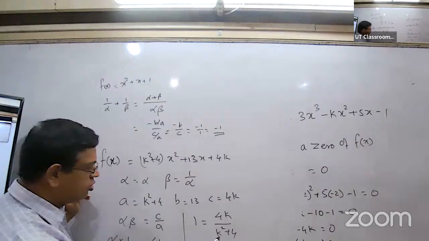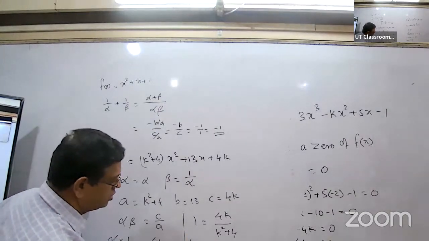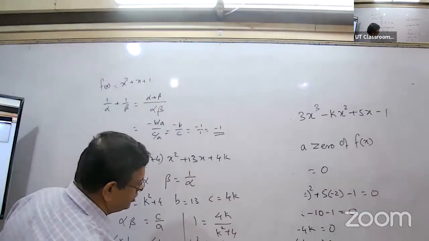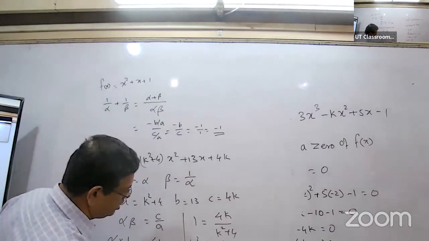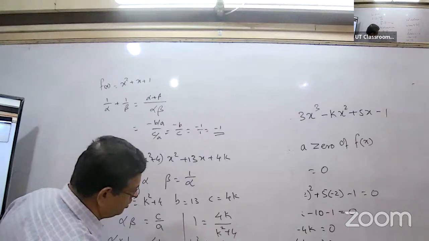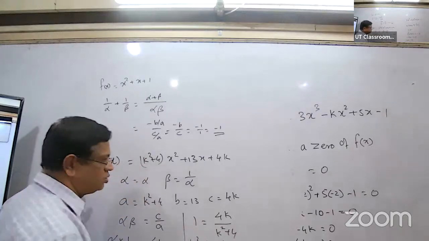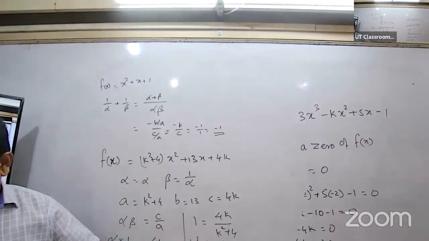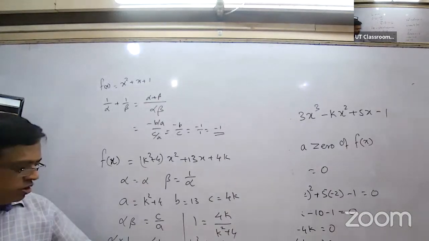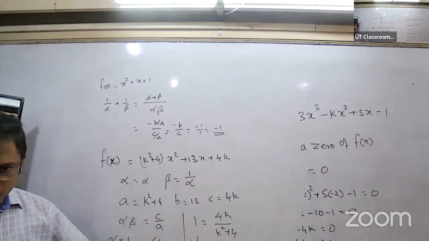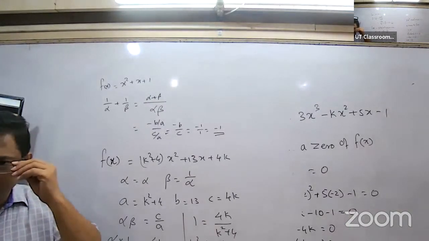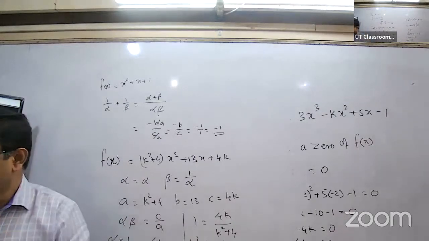Now I cross multiply. So what will you get over here? k square plus 4 is equal to 4k. I can bring over here: k square minus 4k plus 4 is equal to 0. Are you followed? Who can tell beyond this one? Let's see whose brain works. What is there to divide by 2? There is nothing to divide. Factorize. Who said factorize?